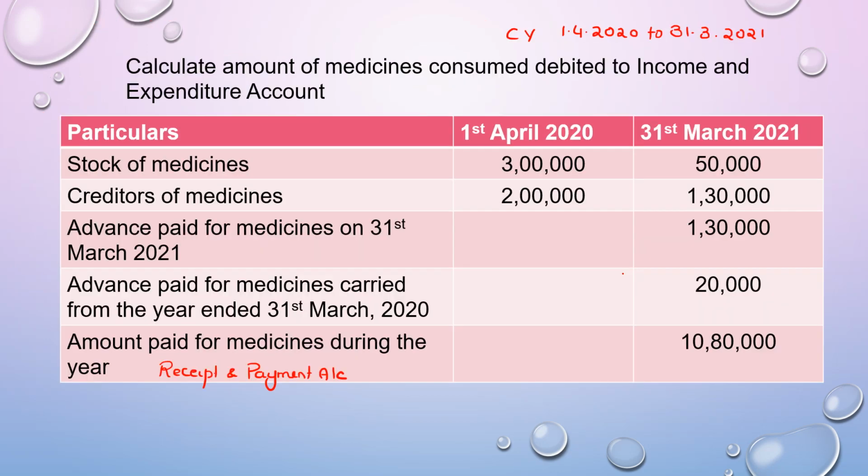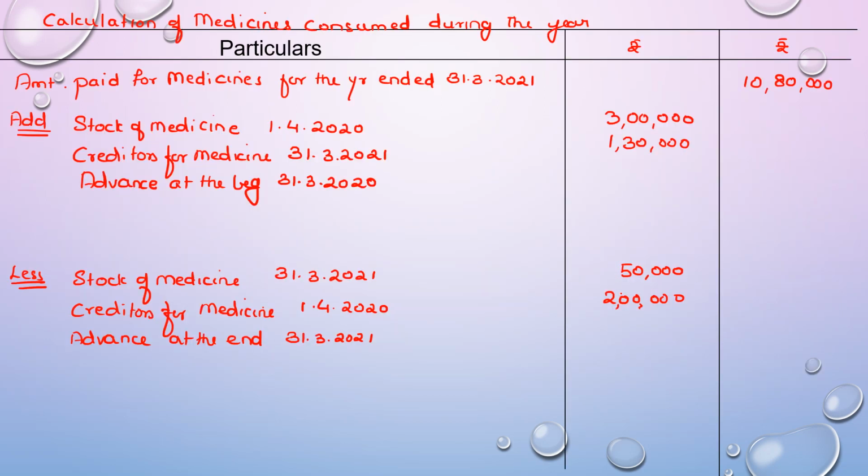So ending we add and beginning 2 lakh we subtract. Same way, now advance. This is advance paid for medicine as at the end 1 lakh 30,000, and beginning was 20,000.